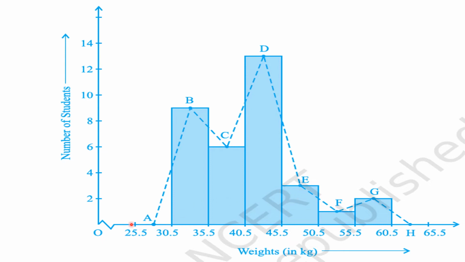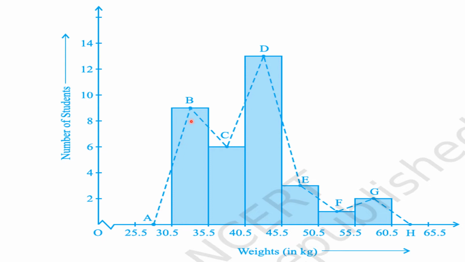Here we have to assume a class interval before the first rectangle. Here it is 30.5 to 35.5, so before this one we assume 25.5 to 30.5 with 0 frequency. Similarly, after the last rectangle we assume a class interval 60.5 to 65.5. This is a class interval with frequency 0. So the midpoint of this class interval is H, and A is the midpoint of the first assumed class interval.